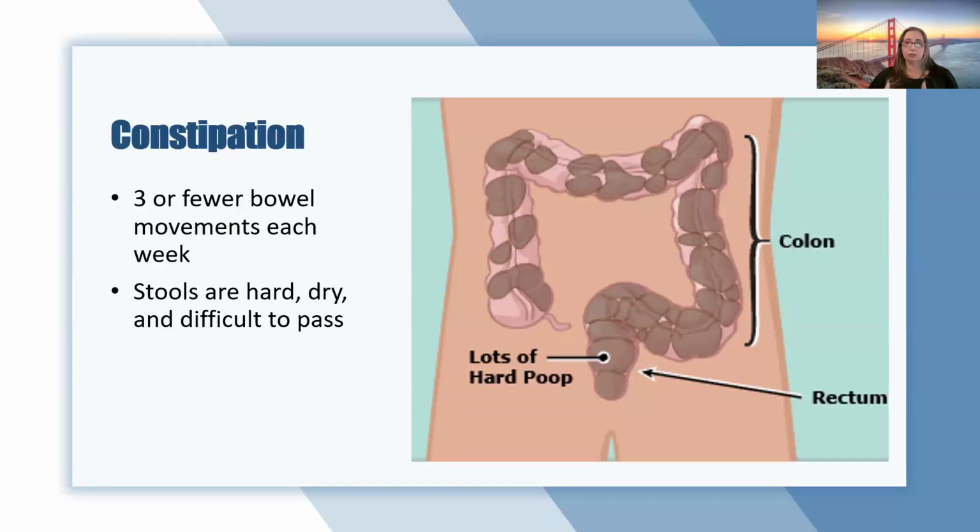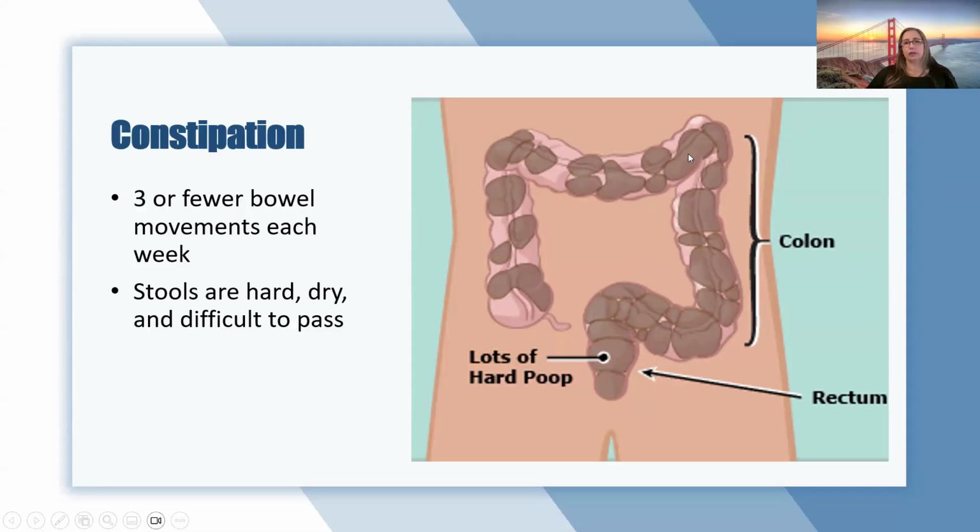Some people always go 3 days or so at a time. But any longer than that between bowel movements, and you really have to start getting concerned about the body's ability to expel that stool without causing some issues. Stools are hard and dry and difficult to pass when someone is constipated.